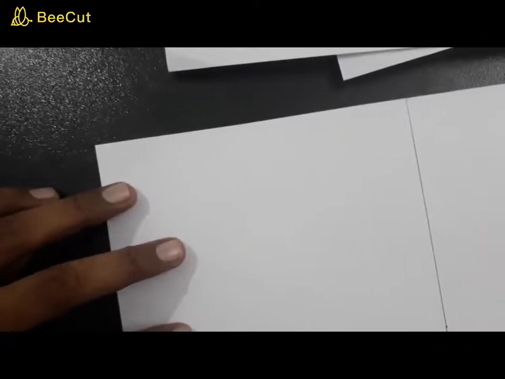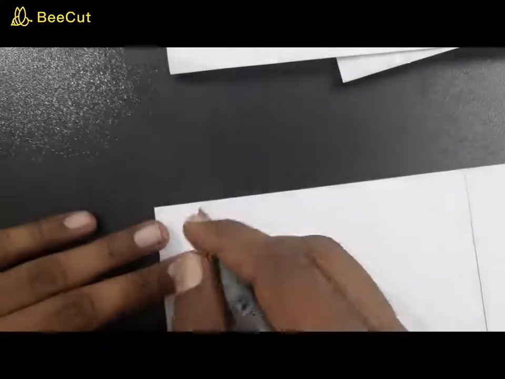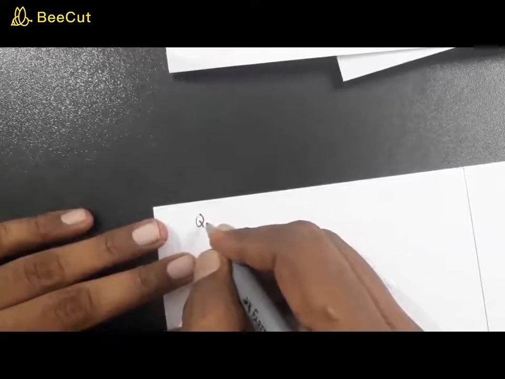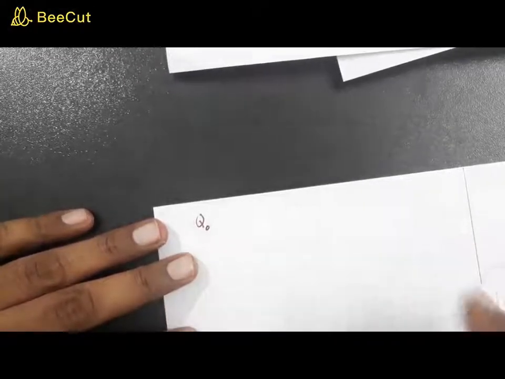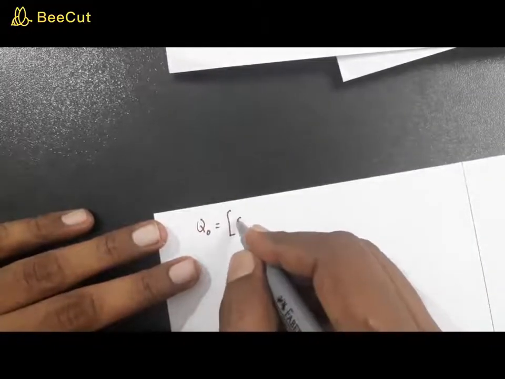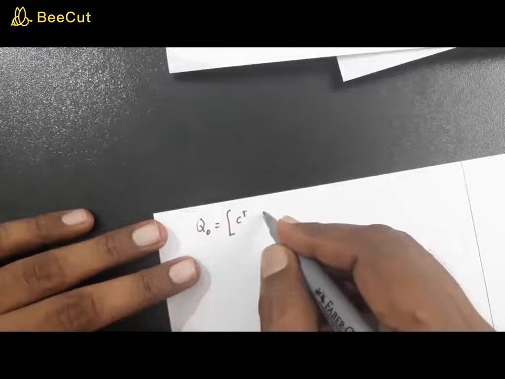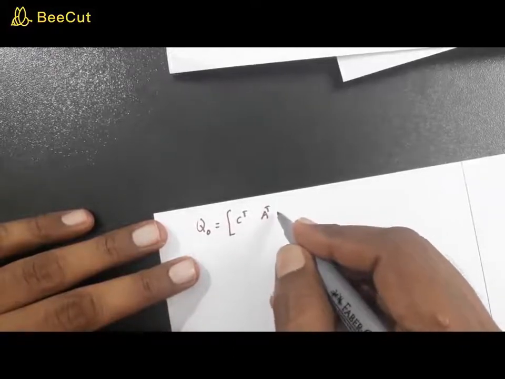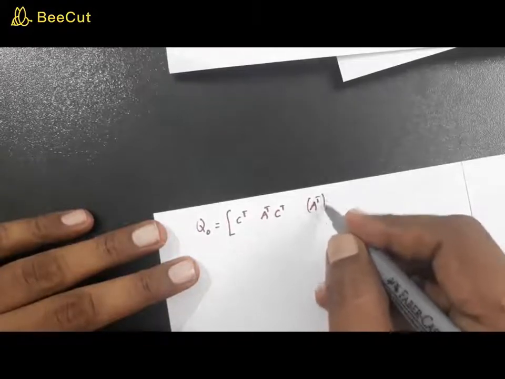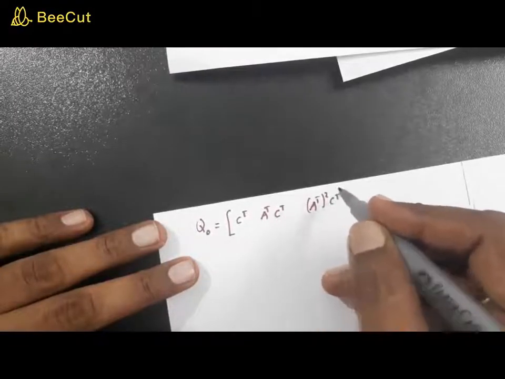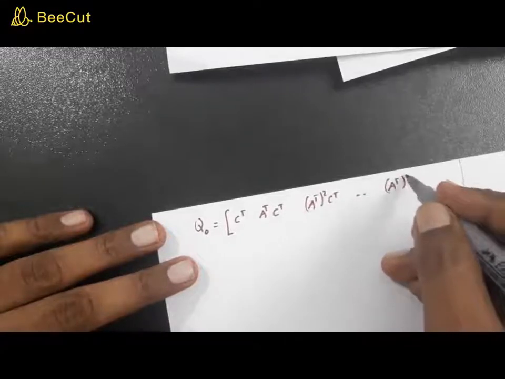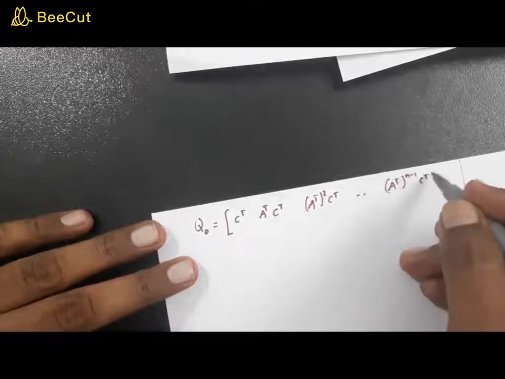Now to check the observability, we need the composite matrix Q0, right? So Q0 is given by C transpose. The first column is C transpose. Then you have A transpose C transpose. Then you have A transpose the whole square C transpose, similarly up to A transpose to the power n minus 1 C transpose.